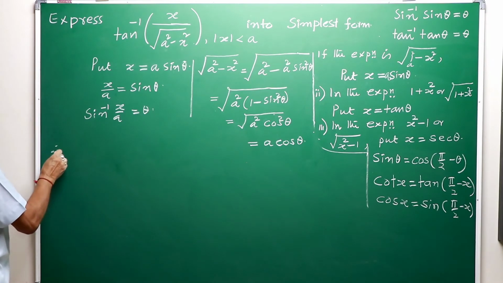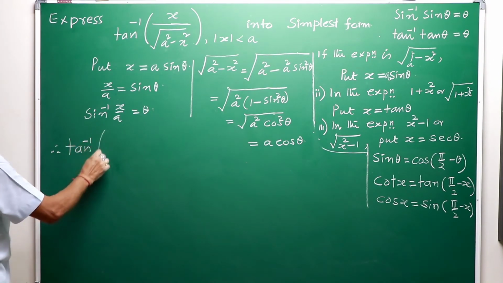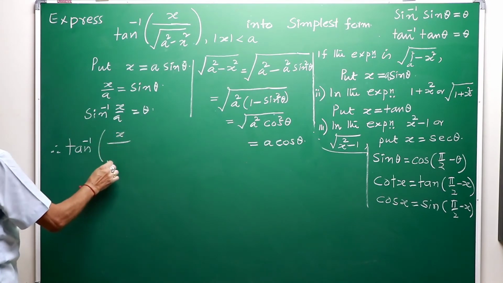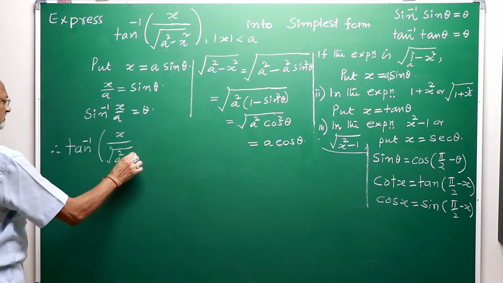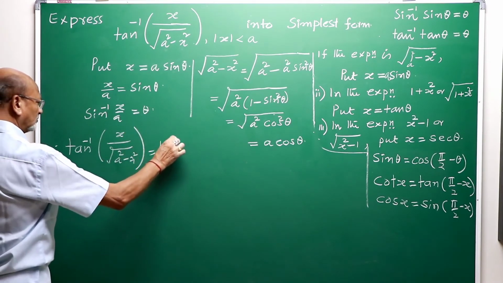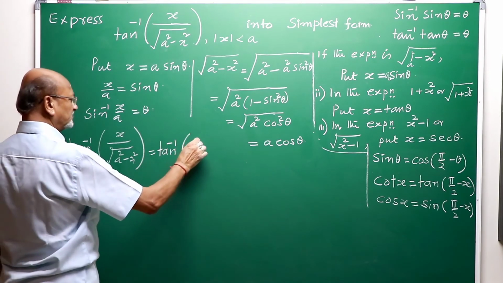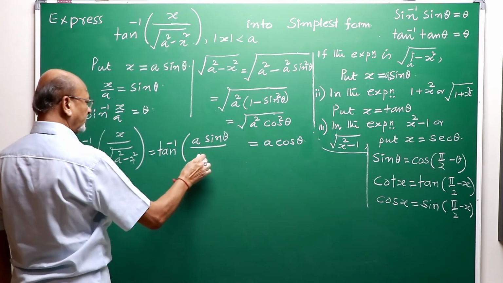Therefore, tan inverse of x upon root a square minus x square. Yes, friend. Tan inverse. What is x? A sine. What is the square root? A cos.